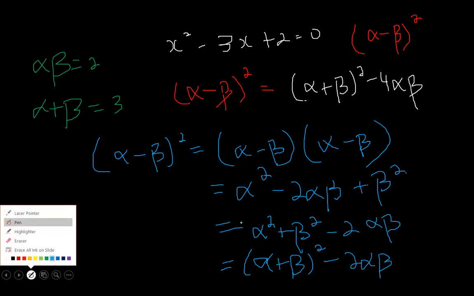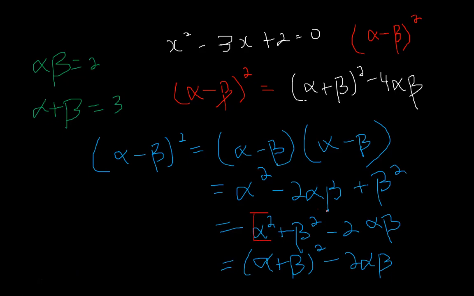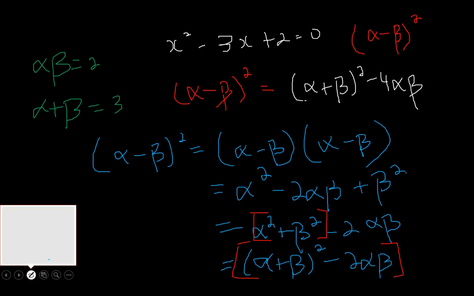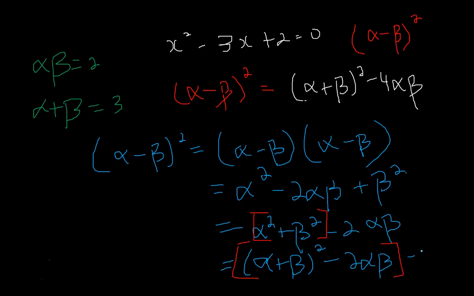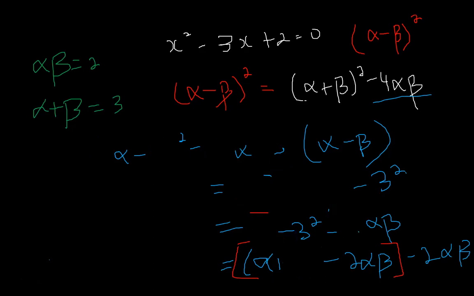Hold on, let me put this in brackets. We know that this is equal to this. But then we still have to put back our minus 2 alpha beta. Minus 2 alpha beta minus 2 alpha beta is minus 4 alpha beta. So everybody understands that? Yes, miss.